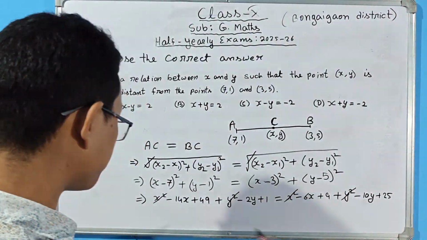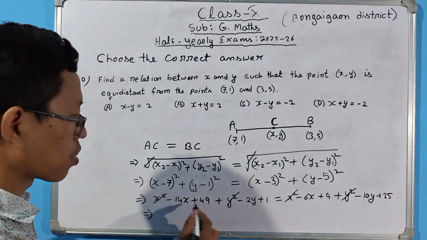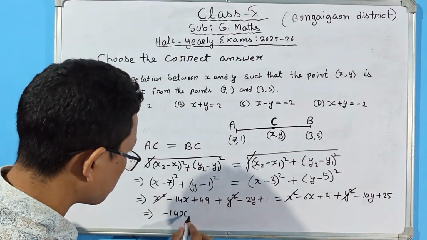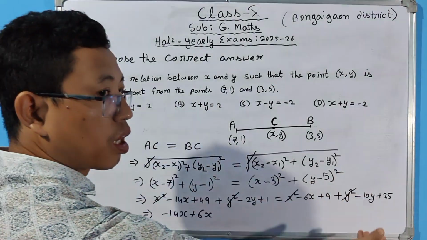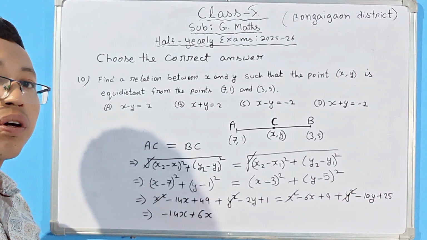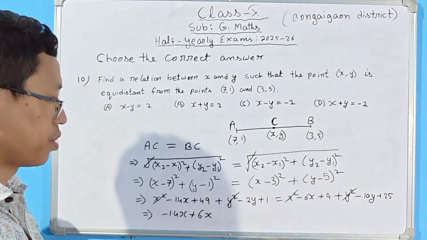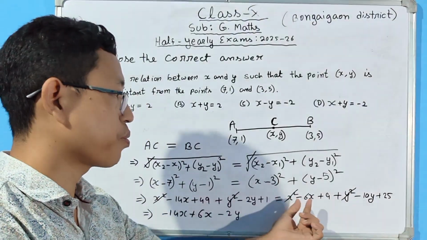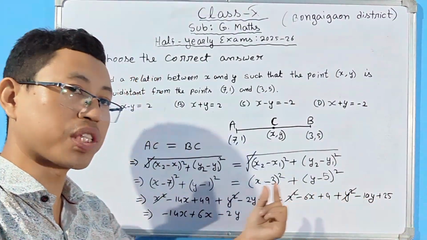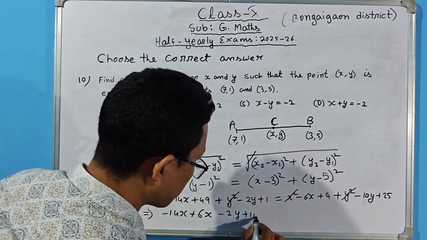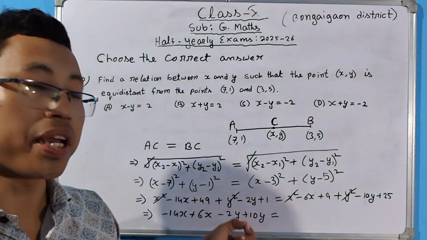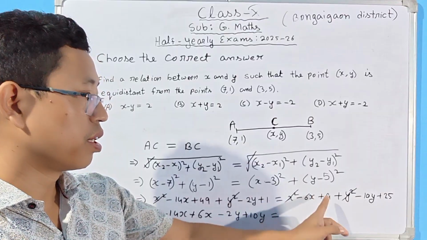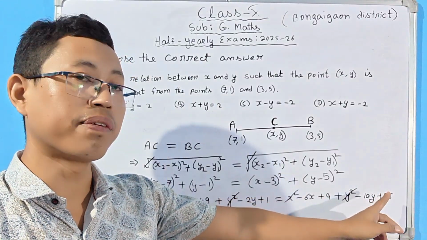So now we see what is left: minus 14x plus 6x, from right to left, transporting the negative becomes positive, minus 2y, and where we have negative 10y on the right, if we bring it over it becomes positive 10y, equals to, now the terms without the variable, they are the constants.